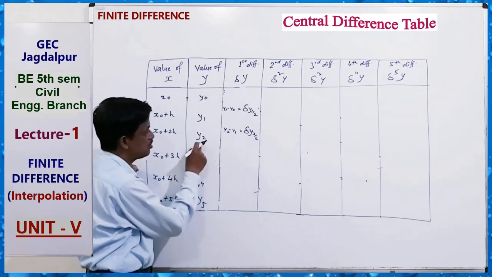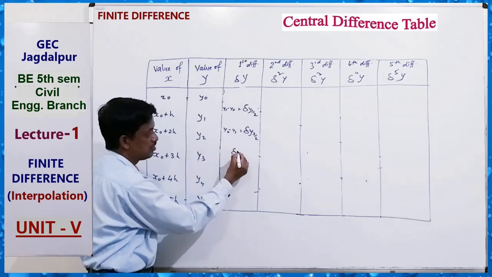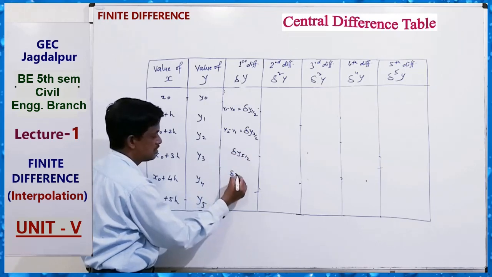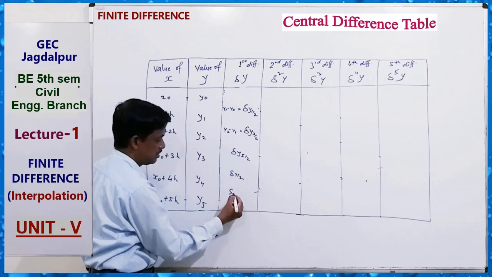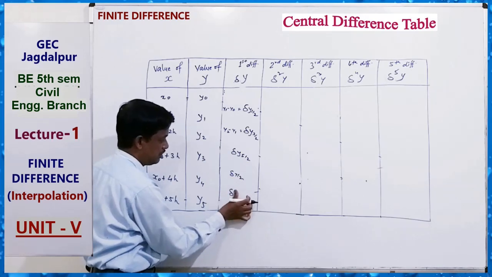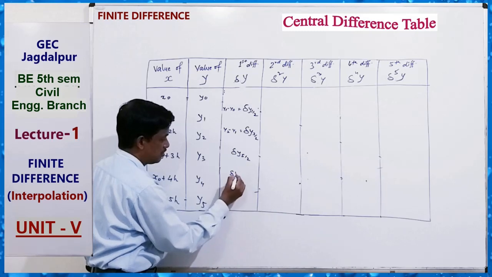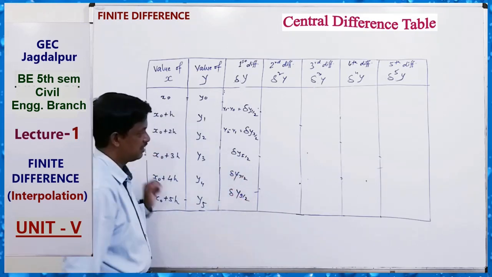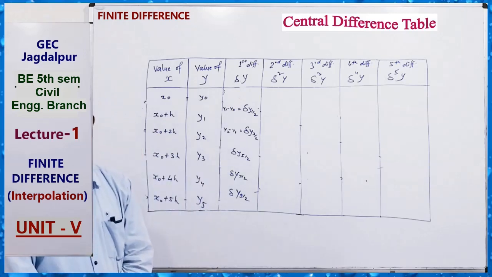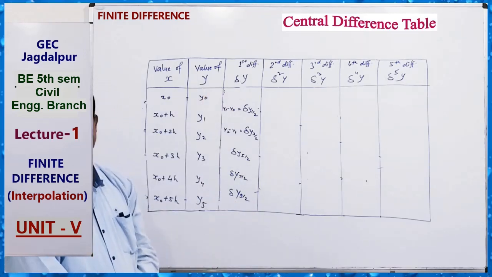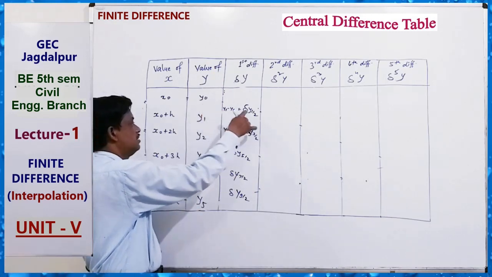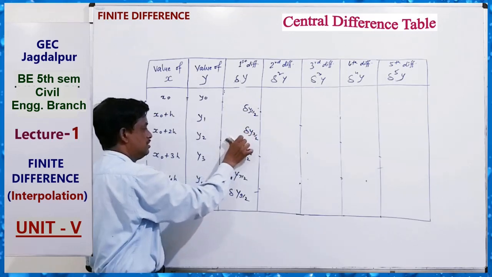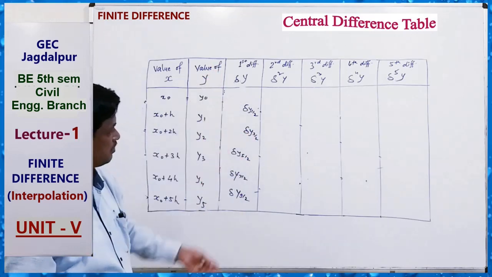So y3 minus y2 means delta y 5 by 2. Here delta y 7 by 2, and here delta y 9 by 2. These have half indexes, as first order differences, because this minus this. You can see these are the first central differences.